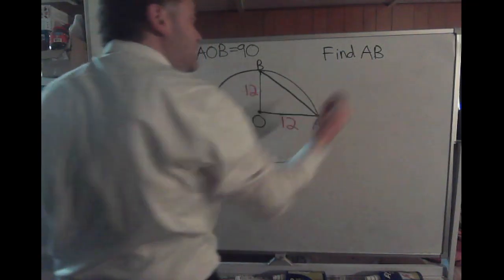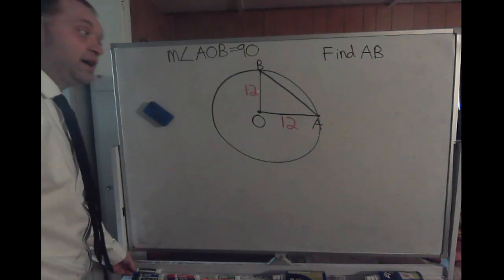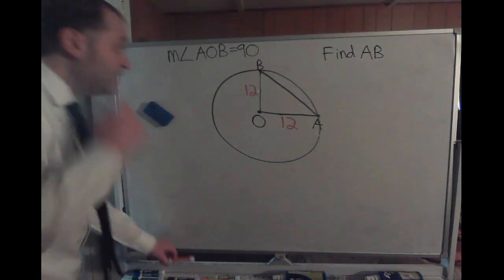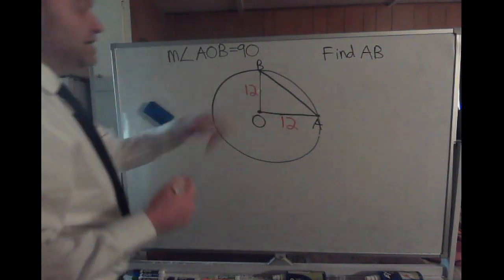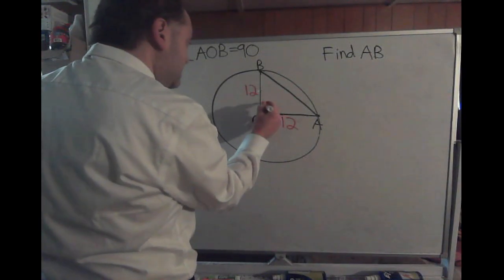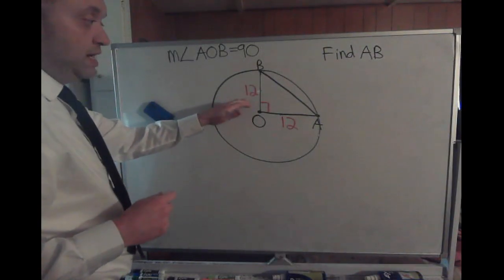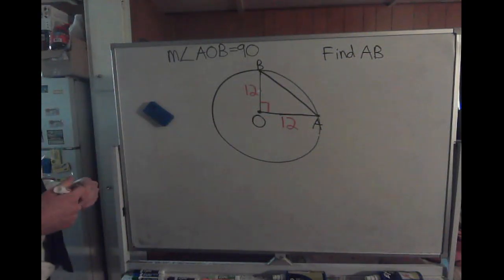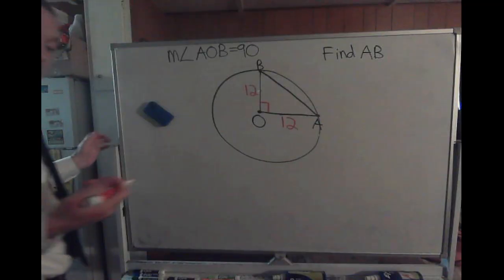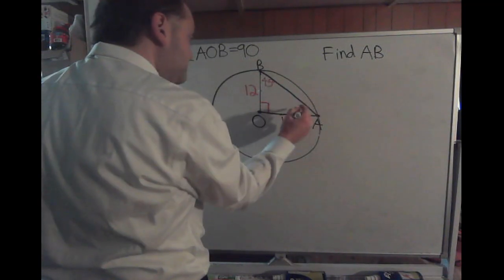Well, what do we know about this here? We have a triangle, right? As a matter of fact, we have a right triangle because angle AOB is 90 degrees. We notice that both legs have the same length. If they have the same length, doesn't that make it a 45, 45, 90 triangle?